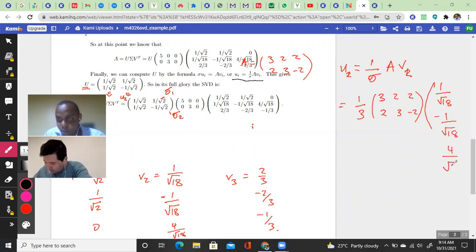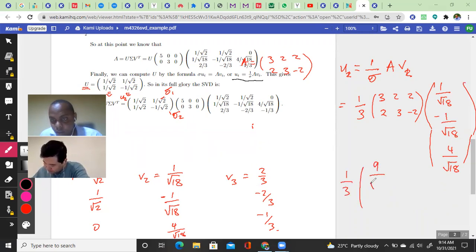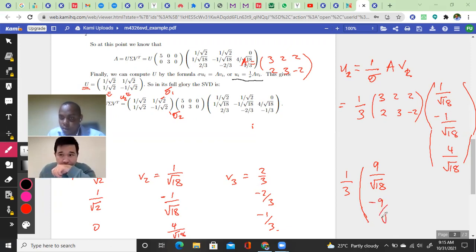And we have 3 minus 2, it's 1, and plus 8, 9 over root 18, second 2 minus 3, negative 1, minus 9 over root 18, times 1 over 3, it will be 3 over root 18 and negative 3 over root 18, right?